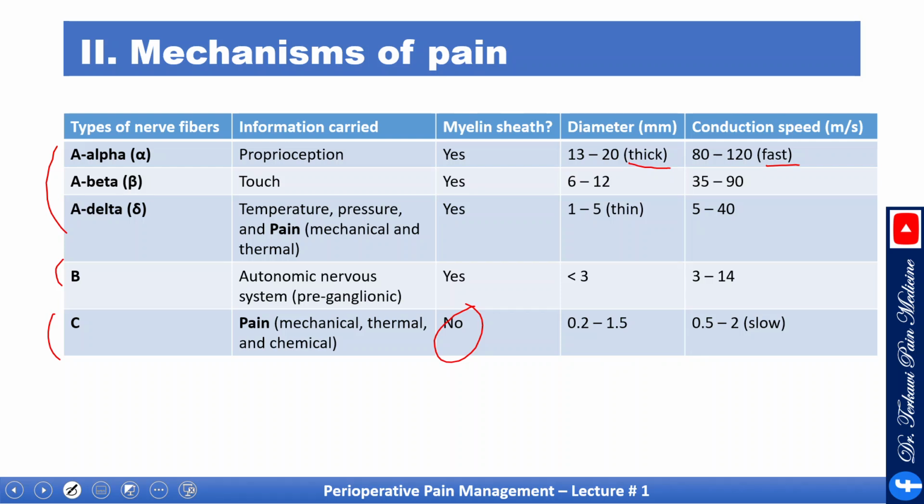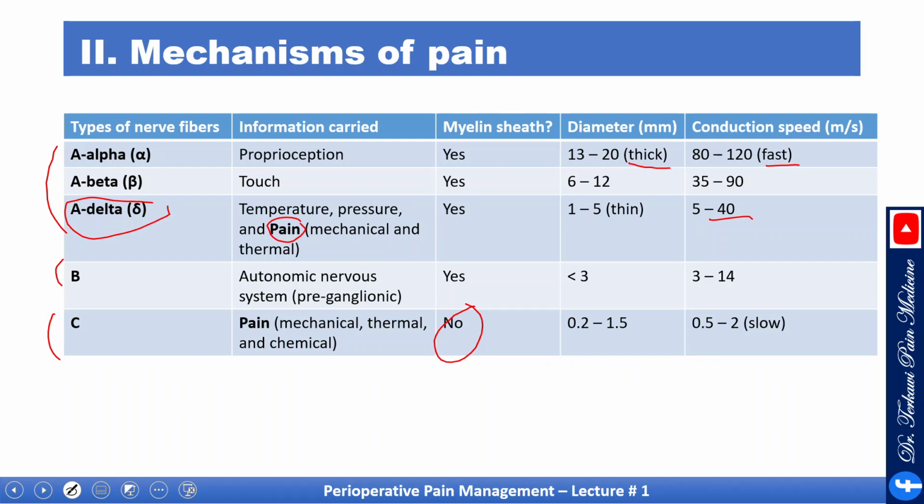The speed is lower. Now, delta, it carries the pain, temperature, and pressure. It is myelinated. It is thin. This is why the conduction speed is slower than alpha, for example, but it's still fast.